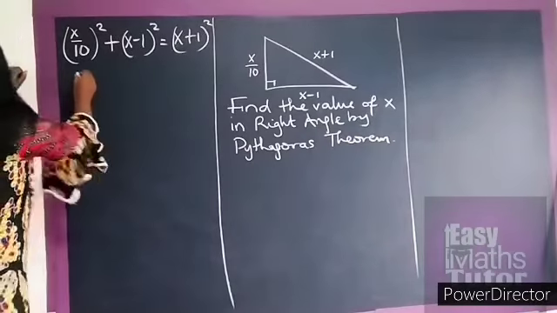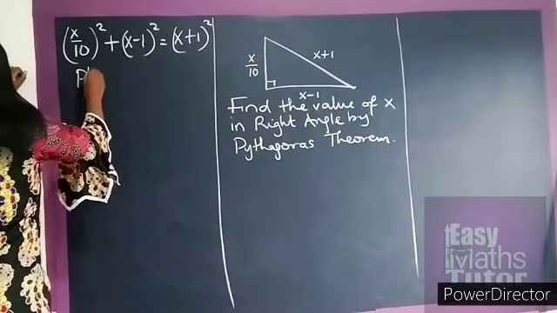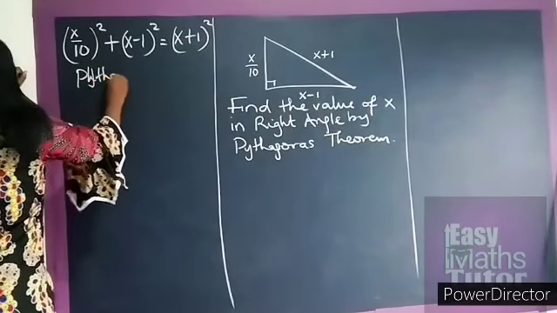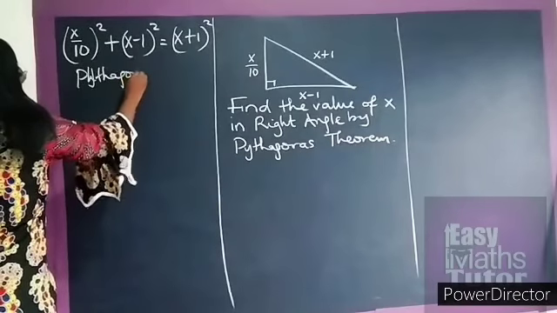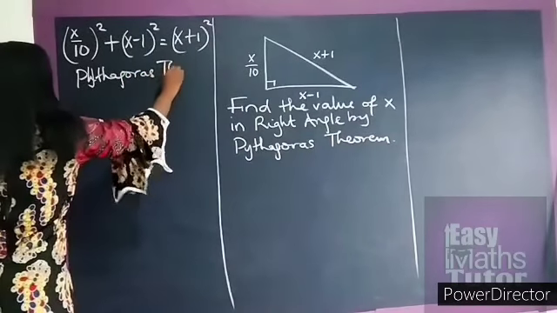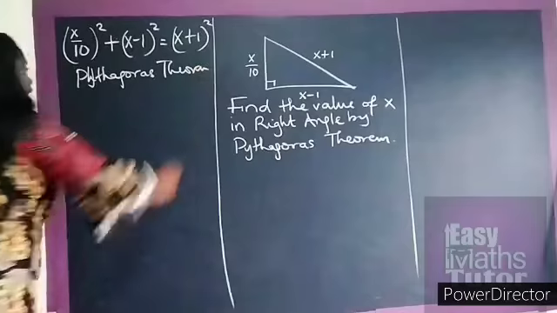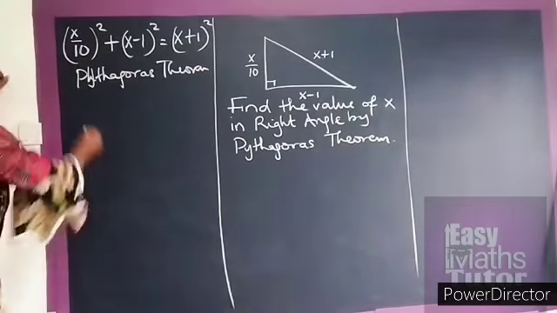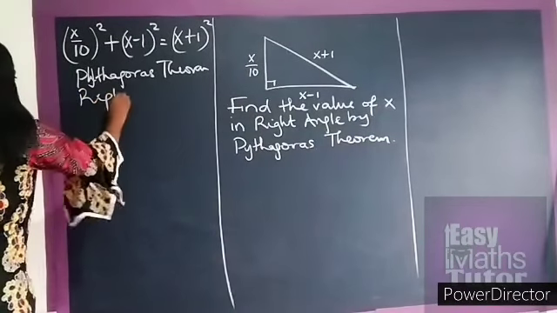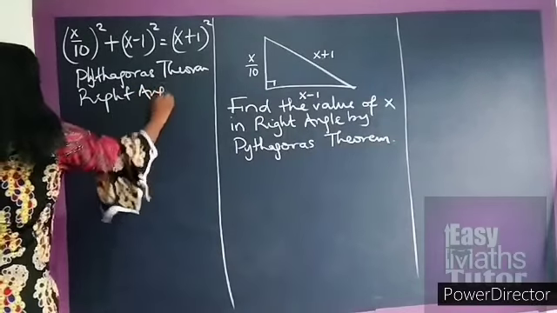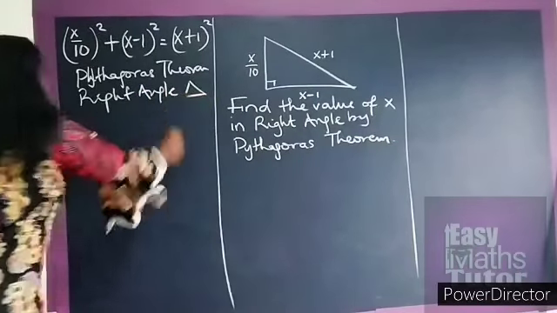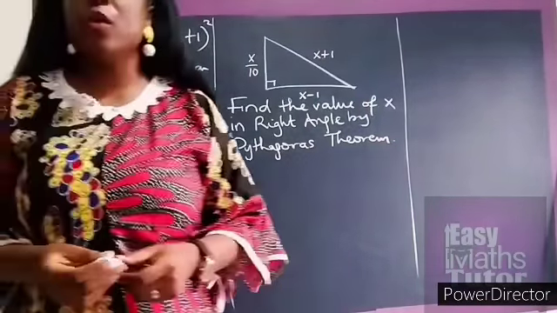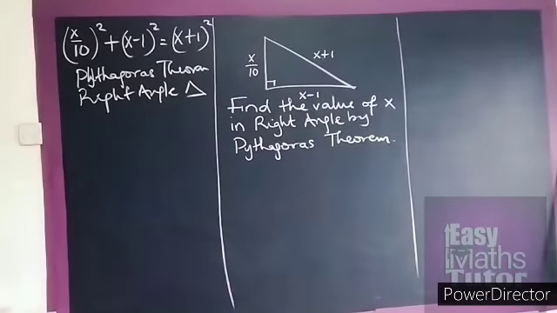So we follow Pythagoras theorem. Right? And this happens only for a right angle triangle. It follows only for a right angle triangle.